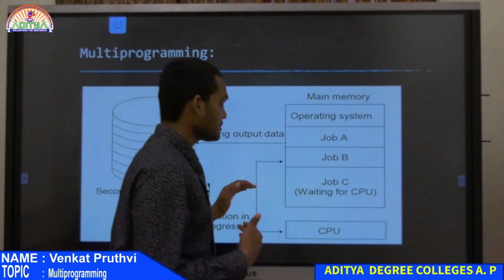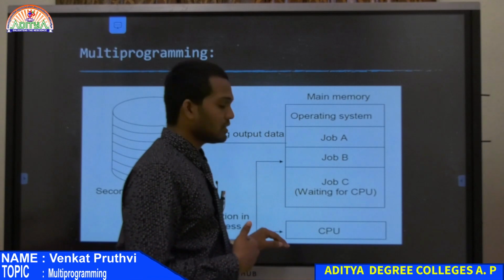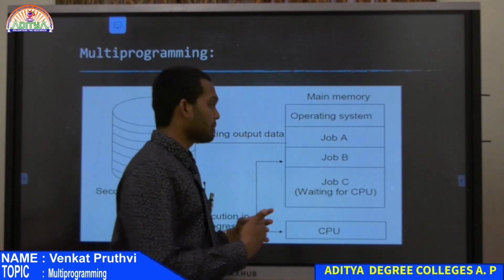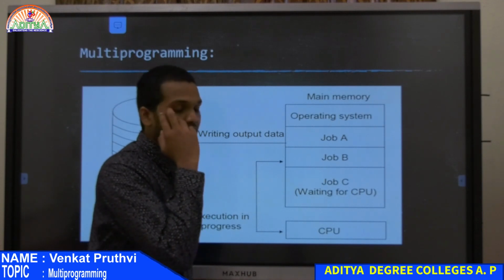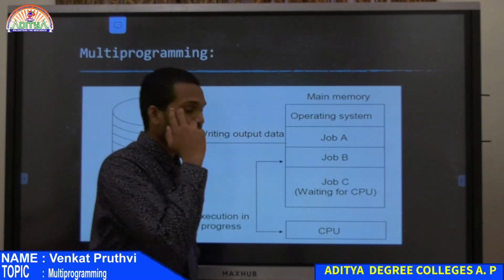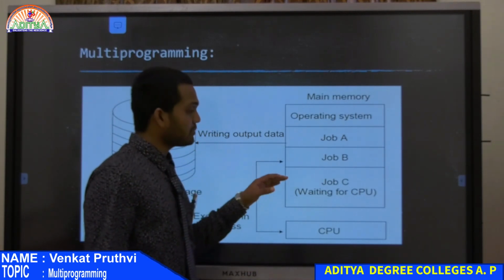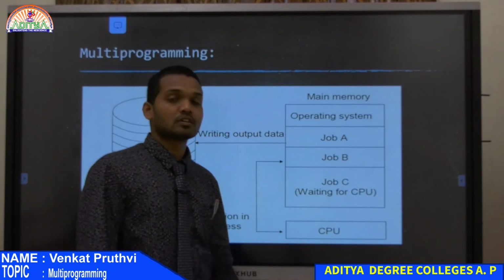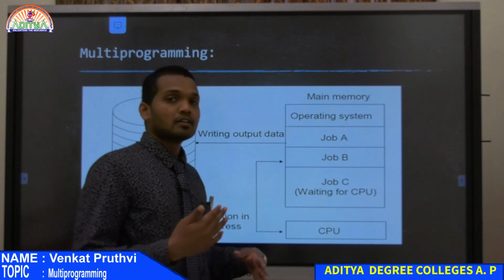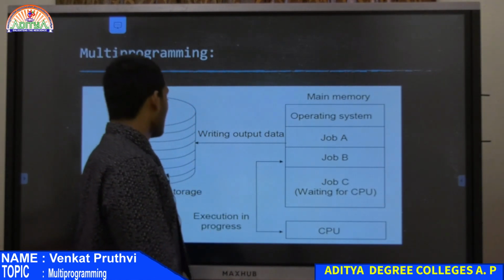And then, when the browser is opening and reloading the page, job C is your music player application that you have already clicked on to listen to music. At that point, job C is still waiting for CPU access so that it will open the music player and play the required song for the user.